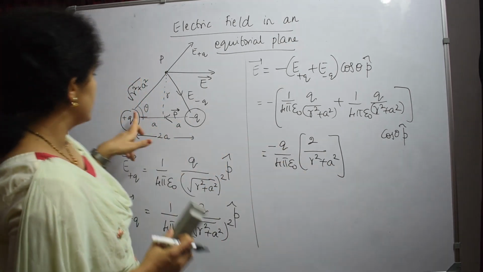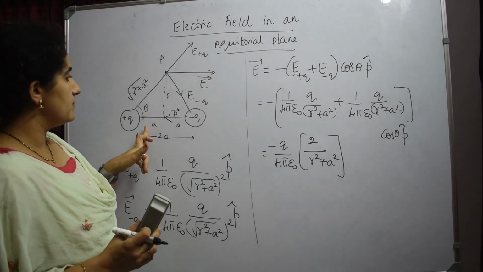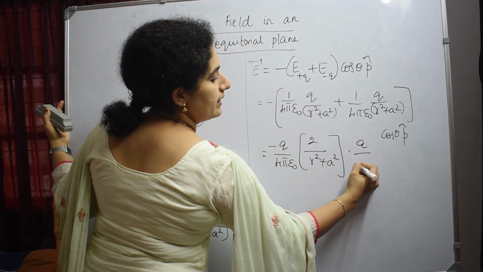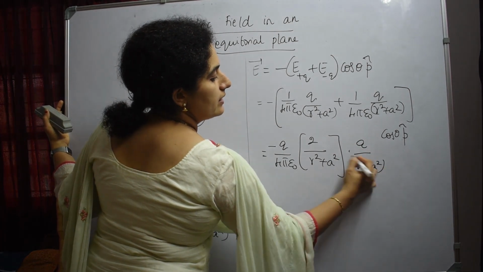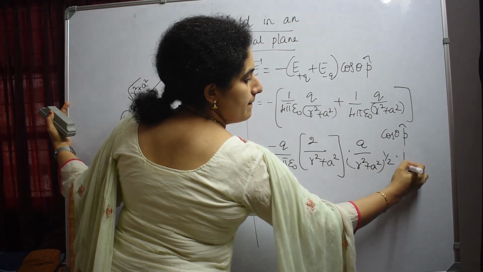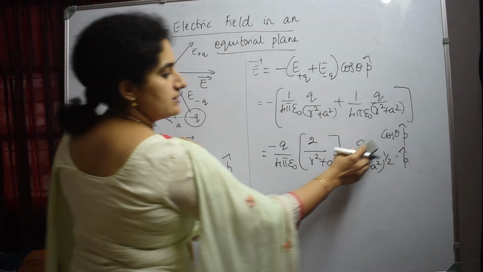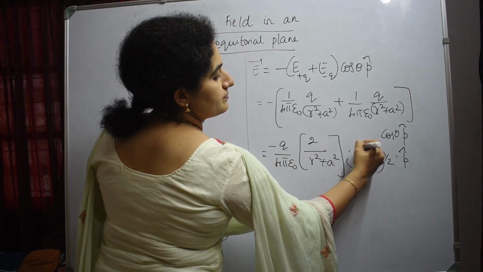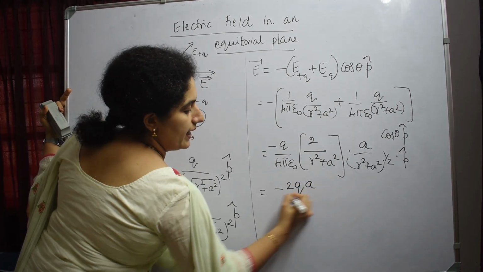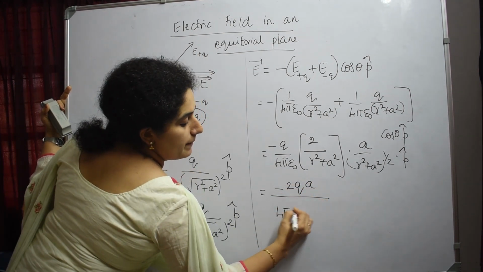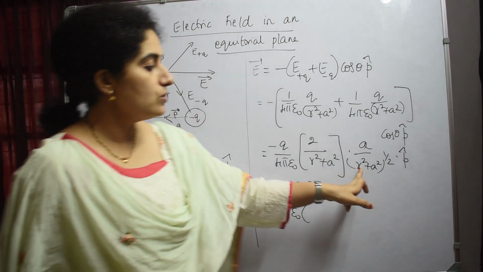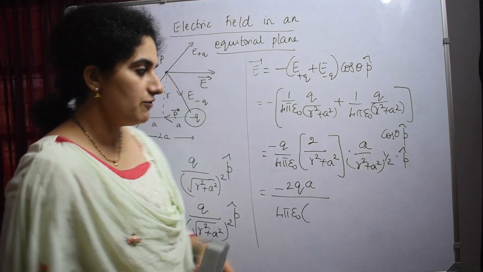Now cos theta. What is cos theta here? Adjacent by hypotenuse. So A divided by R square plus A square to the power of 1 by 2. Why 1 by 2? It is square root, into P cap. Okay, this is A. So minus 2qa divided by 4 pi epsilon naught into r square plus a square into r square plus a square whole to the power of half.